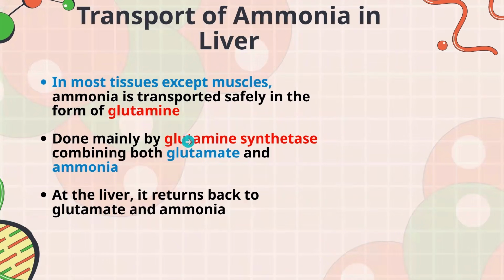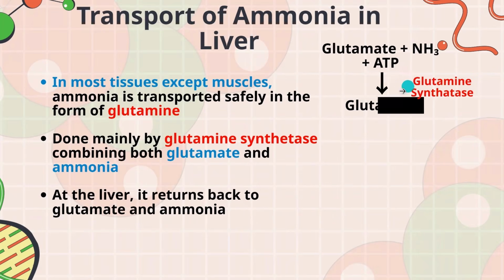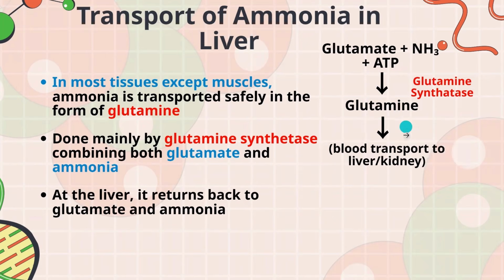Here we're going to have our glutamate, ammonia, and ATP. Through glutamine synthetase, it's going to form glutamine, and the glutamine is transported through the blood to the liver and the kidney, as you remember from the steps we already talked about.